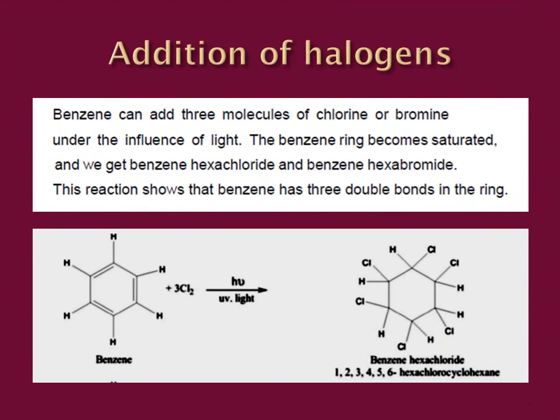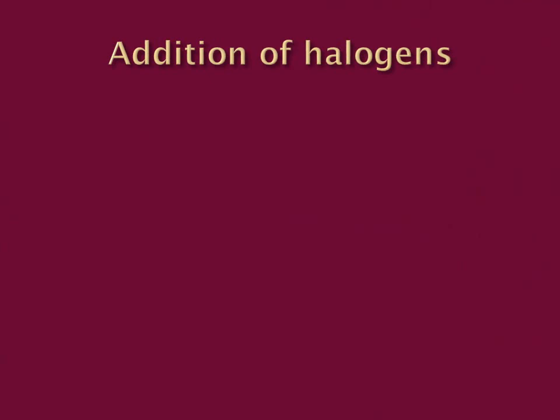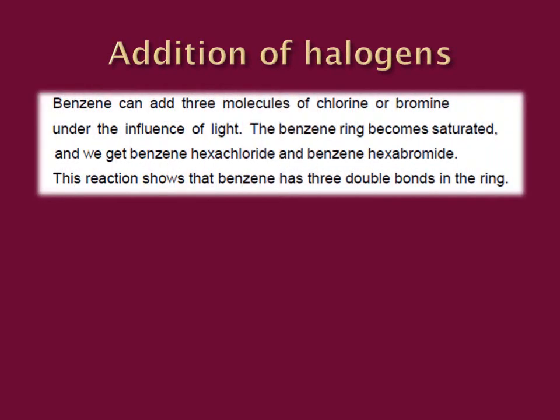Students, just like hydrogenation, halogens can also be added to benzene. Benzene can add 3 molecules of chlorine or bromine under the influence of light. The benzene ring becomes saturated and we get benzene hexachloride and benzene hexabromide. This reaction shows that benzene has 3 double bonds in the ring.